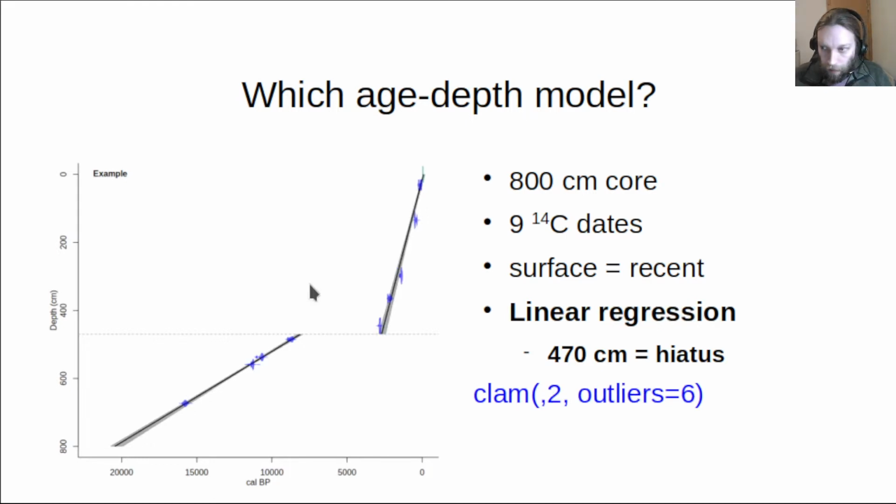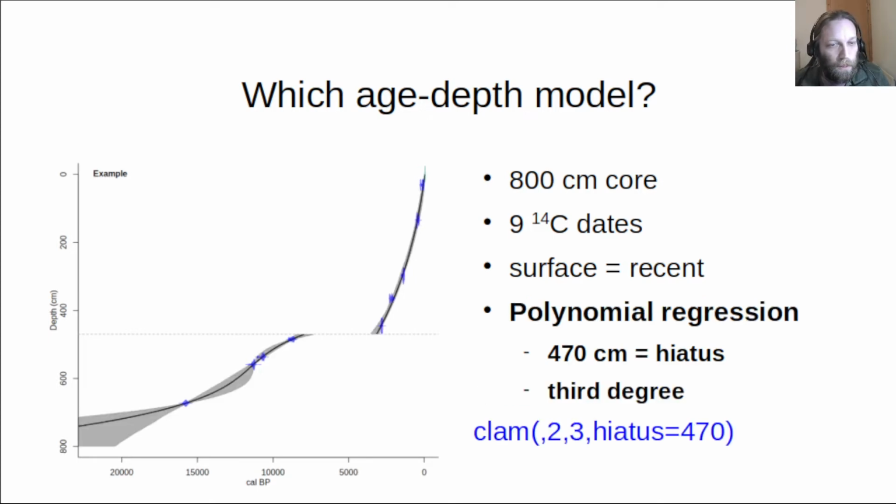If you do that, we can then also assume, instead of linear interpolation, linear regression between those different sets. Or we can use a, say, higher order polynomial. And that could quite quickly go wildly wrong because there could be some weird changes in accumulation rate there.